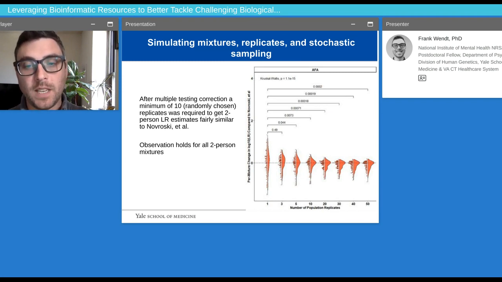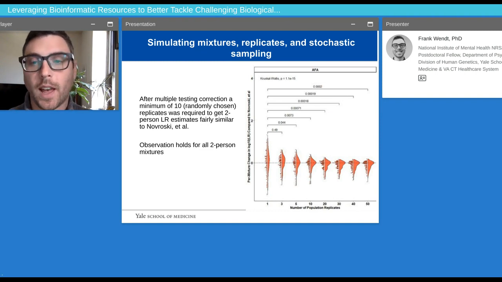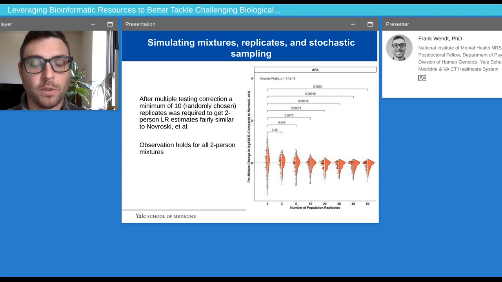So the means from 10 replicates onward tend to hover around 0, and those distributions have the smallest variance relative to just picking one replicate. You'll see here that the actual distribution of differences in that one replicate violin plot are not super large. So for two-person mixtures, this may not be super meaningful to include a bunch of replicates, although we still think that statistically this is a significant observation.